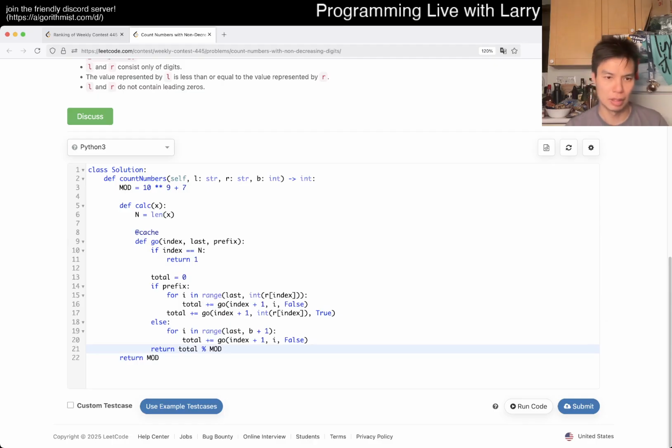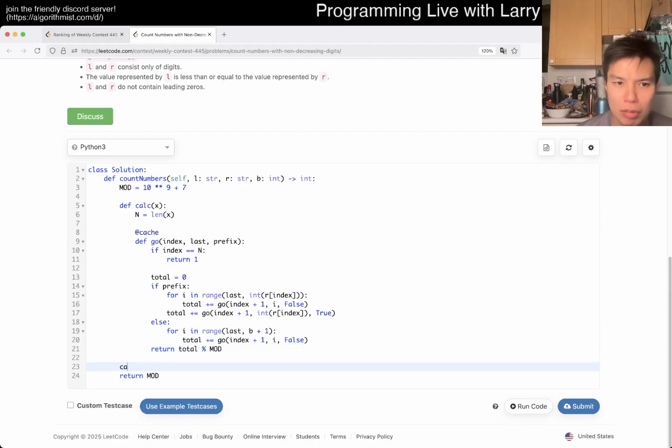Yeah, and then it's just about calc, right, but then we have to convert r to base. So we have to return calc of, we convert L, maybe subtract 1 from L, we'll just put it in the function, right?